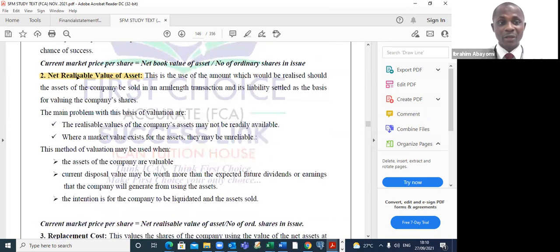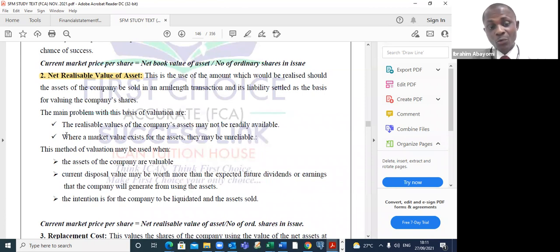What about the problems associated with market value? For you to obtain the market value of your asset may not be an easy exercise. I have an asset. I want to know how much it is worth in the market. For you to get the market value of not all assets, but some assets, especially assets that are not common, it involves a considerable amount of energy and time.